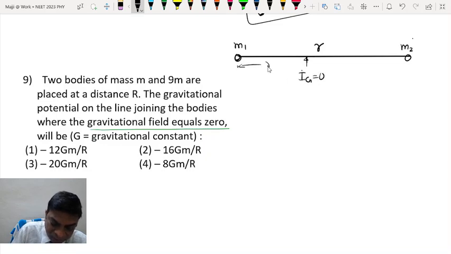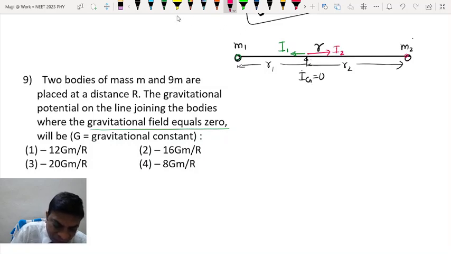Let us say this distance is r1 and this distance is r2. Now the field due to m1 will be in this direction, let us say I1, whereas the field due to m2 will be in this direction. Let us call it I2.